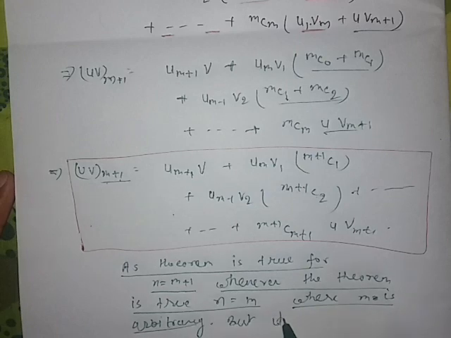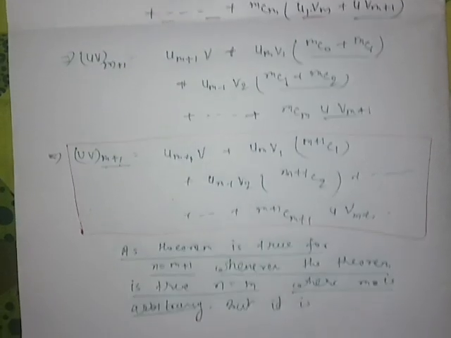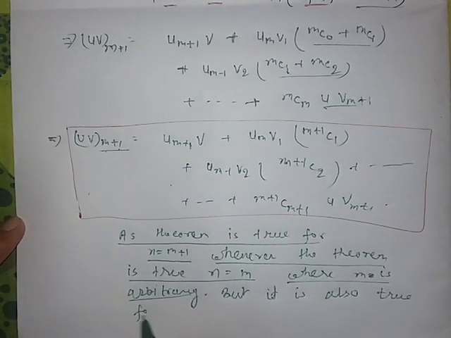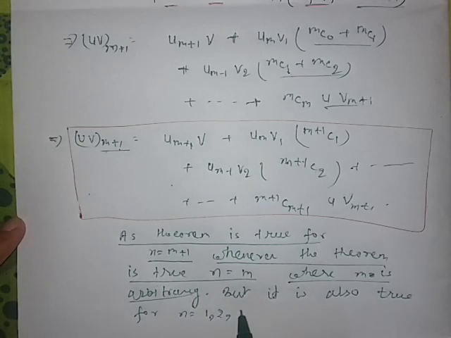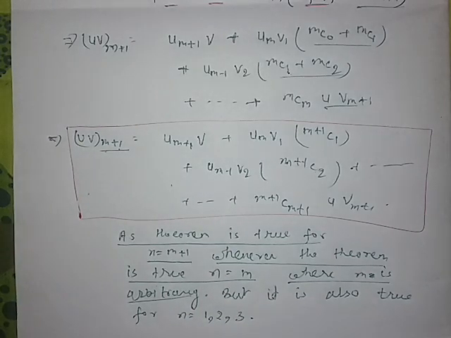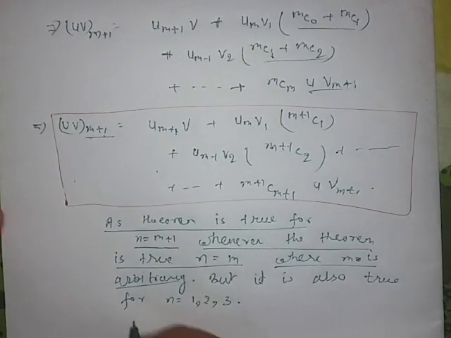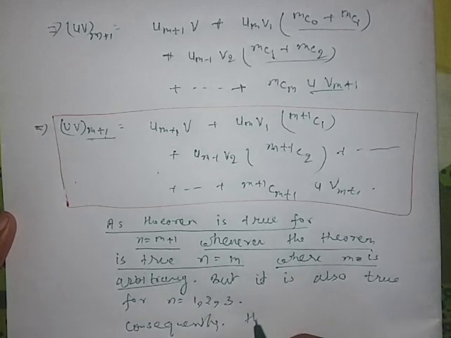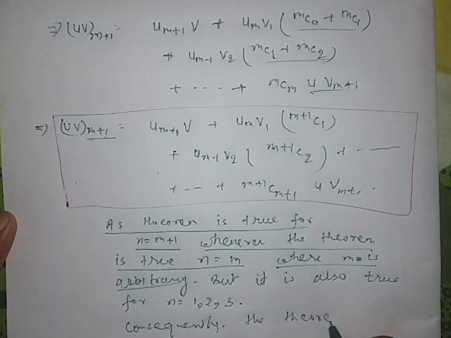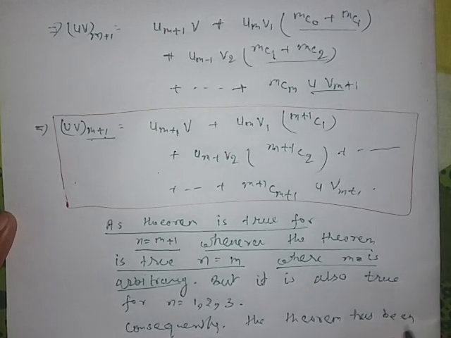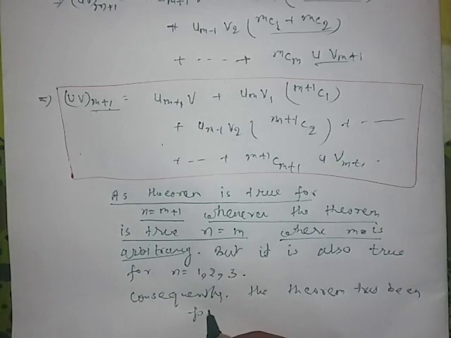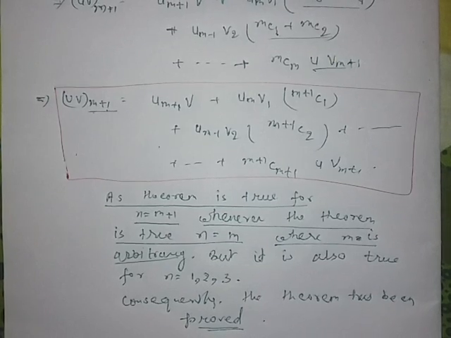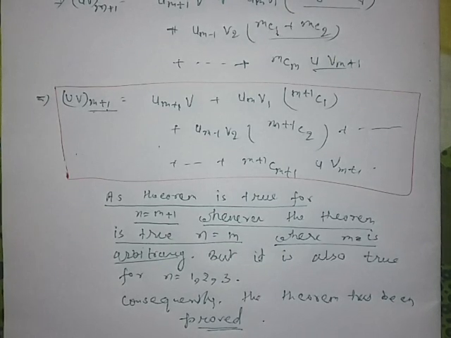But it is also true for n equal to 1, 2 and 3. So by induction method, we can say that consequently the theorem has been proved. Thus in this way we are done with our proof of Leibnitz theorem.